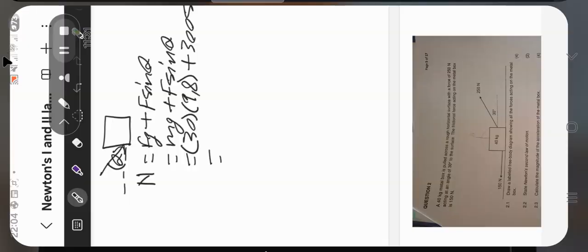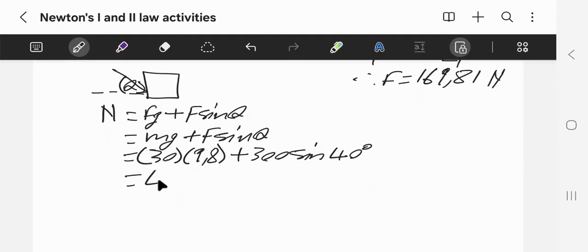That's what we are getting. So our value is 486,84 newtons, and that's how you are supposed to find that vertical force, which is the normal force.